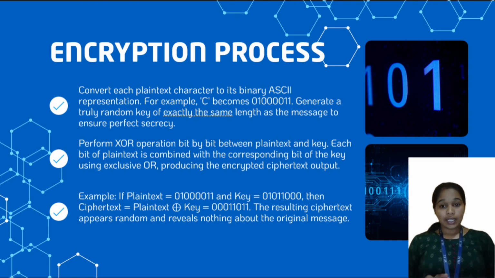Next, we generate a random key of the same length as the message. Now we apply the XOR operation between the message and the key, bit by bit. The result we get is called ciphertext. This ciphertext looks completely random. The original message is hidden and secure.